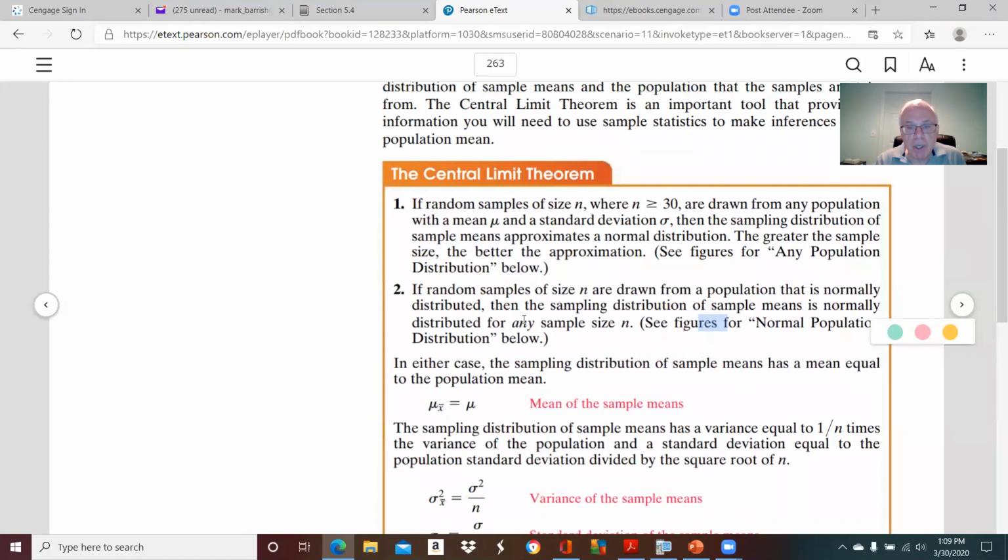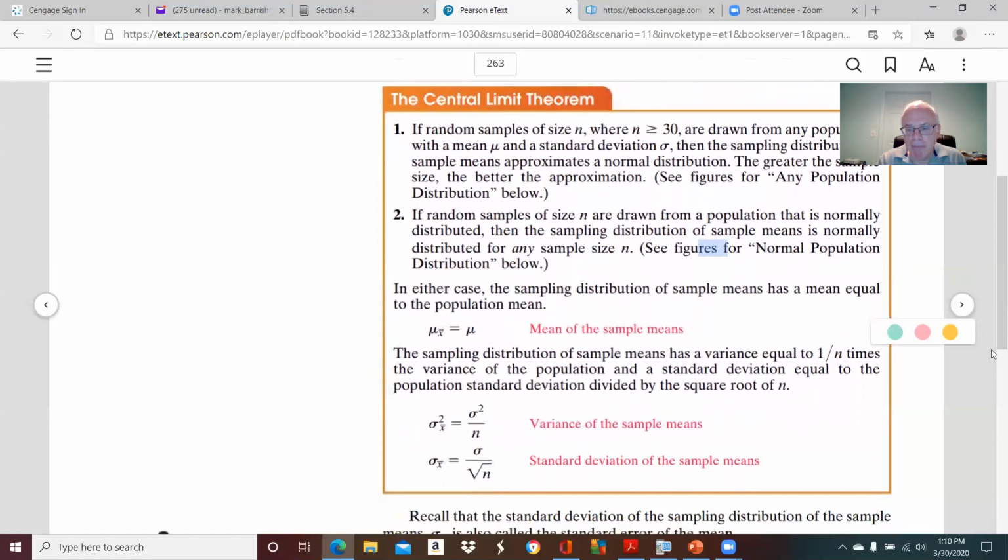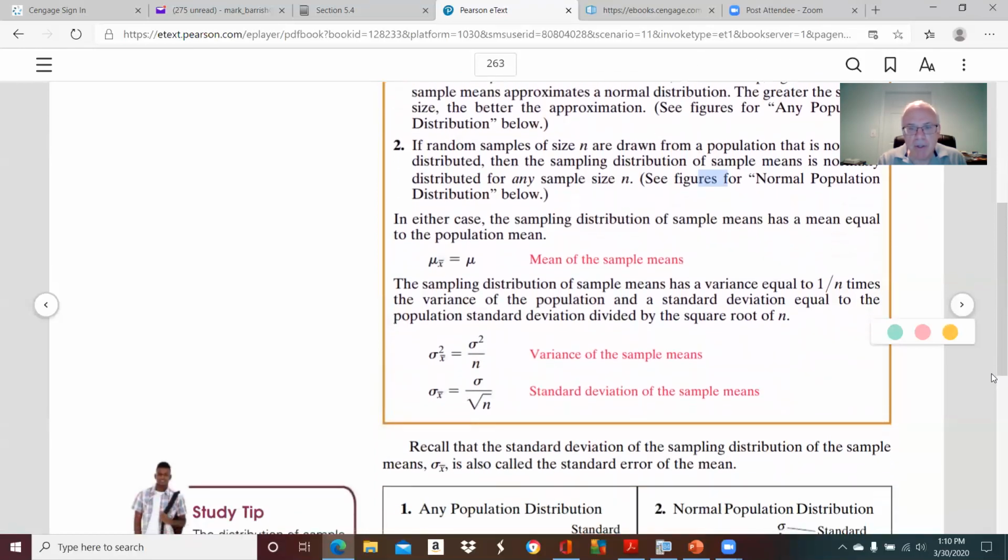However, it says number two here, if we draw the sample from a population that we know is normally distributed, then n doesn't have to be greater than or equal to 30. It could be any sample size. You can have size of 15, you can have size of 5, it doesn't matter the sample size. All right, so we had reviewed that earlier, but this is another way, for you guys in the county, and this is in your textbook.